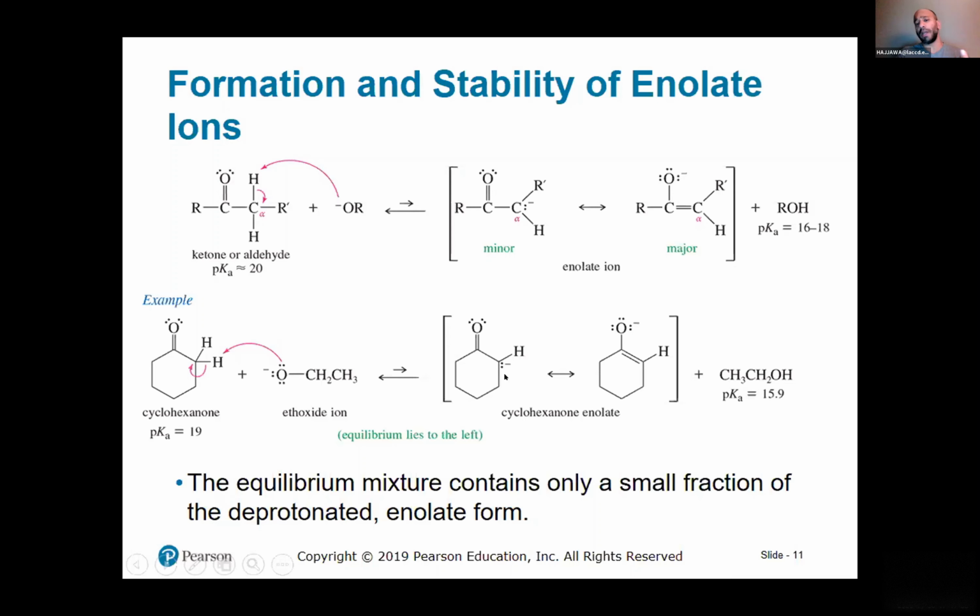Once it gets deprotonated, you get the enolate plus the conjugate acid, 15.9 versus 19. You still have the equilibrium lying toward the left. So the problem with those reactions, where the equilibrium lies toward the keto form rather than the enolate, is that they tend to be much slower compared to the same exact reactions in the presence of a stronger base.